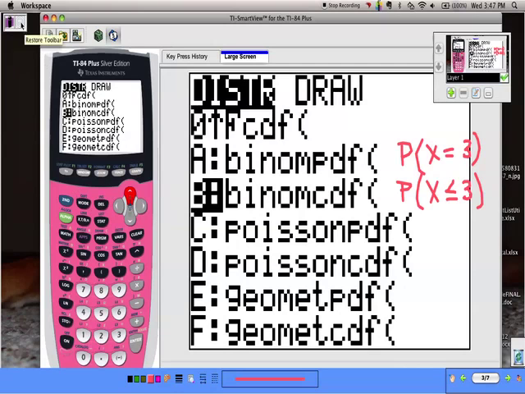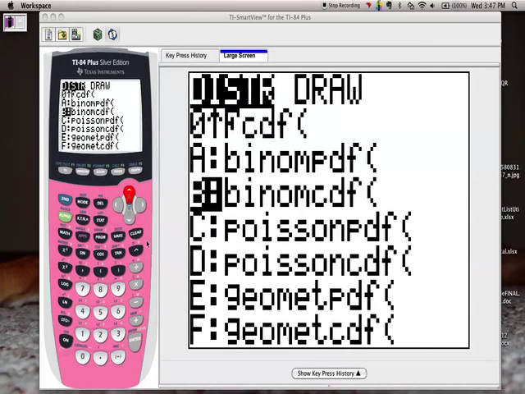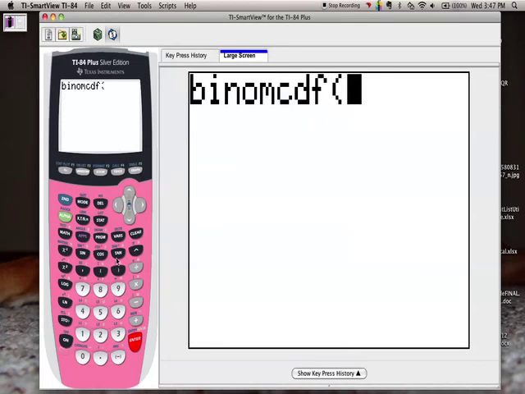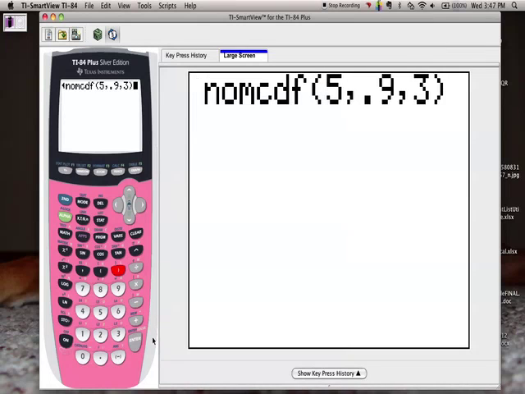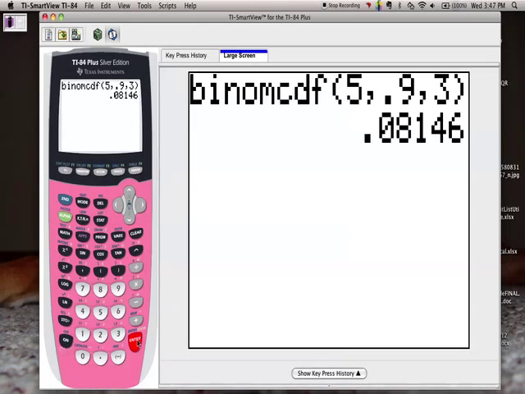So what I could do here, I could select binomial CDF, and then I'm going to punch in 5, n is 5, there are 5 trials. Then I'm going to punch in 0.9, the probability of success, and then the number that I want to be less than or equal to. And there we are.